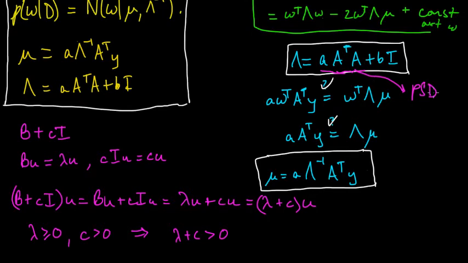Positive semi-definite means that all the eigenvalues are greater or equal to 0. That's one definition of positive semi-definite.